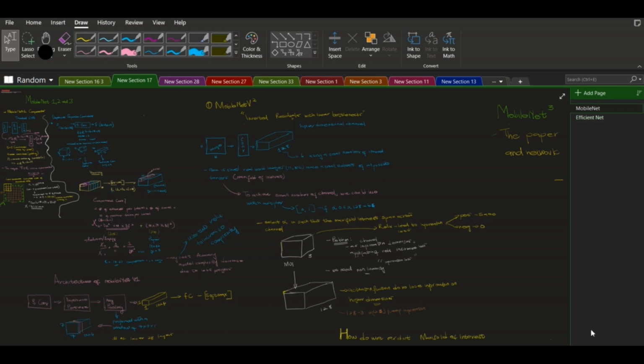If you have been following me on YouTube, you have realized that I'm a fan of efficient deep learning. I really like having efficient deep learning models because they can be deployed on resource constrained devices.